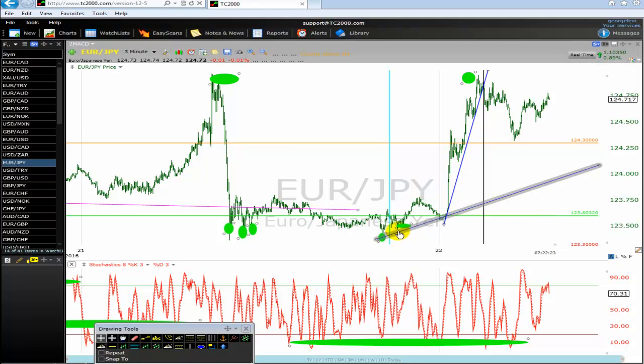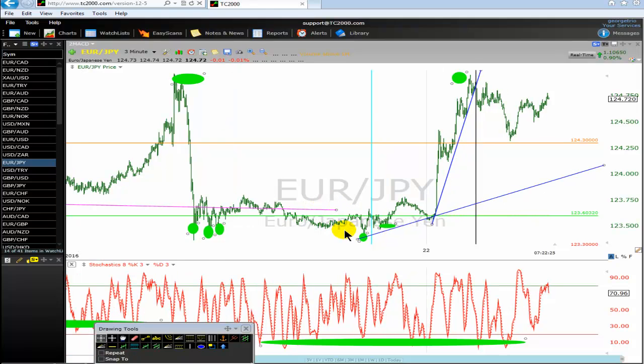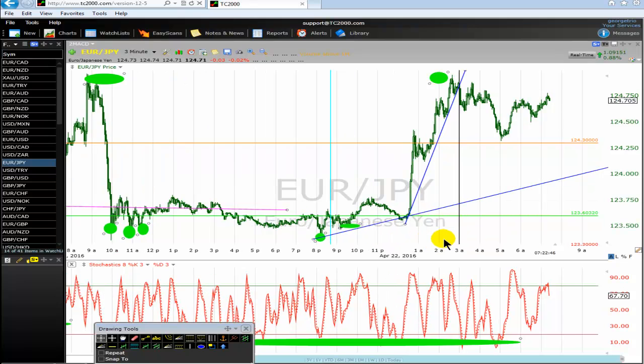Beautiful trade, nice trade with 70 pips. We could have taken more than that, but as I told you before, the euro-yen is a fast-moving currency pair. It's volatile. I was amazed that they couldn't take us out before London was open.